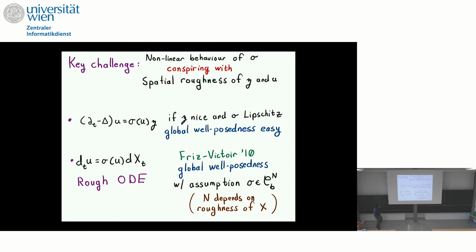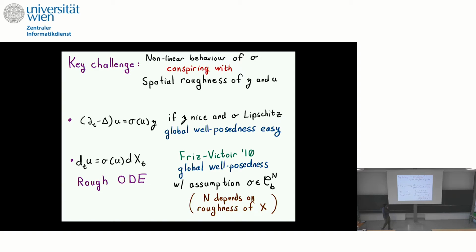I want to describe what the key challenge is here. The way that I describe why gPAM gives us so much difficulty is that the nonlinear behavior of sigma conspires with the spatial roughness of the noise and the solution.